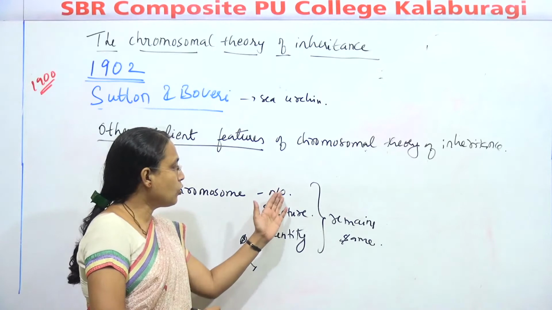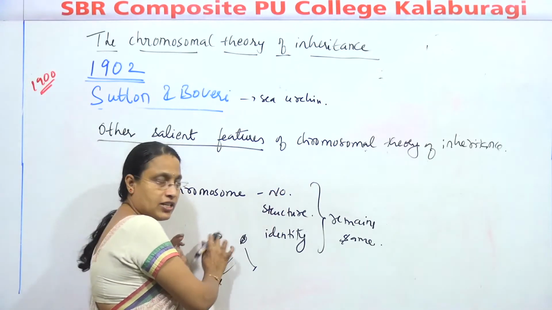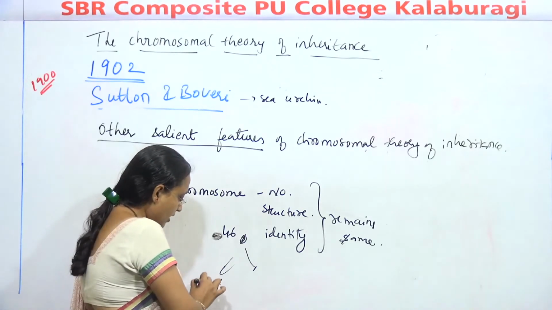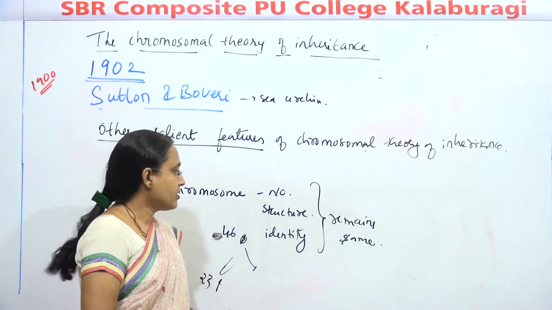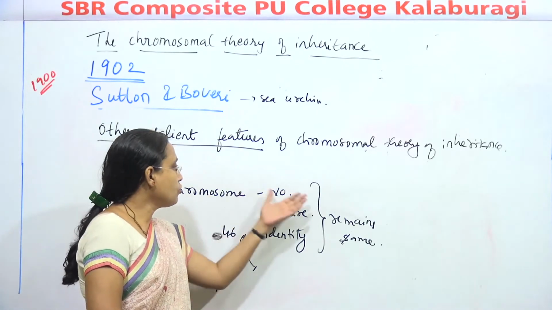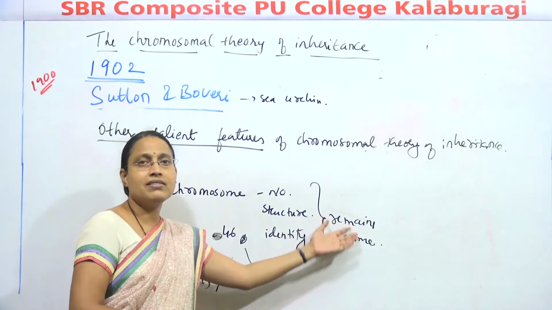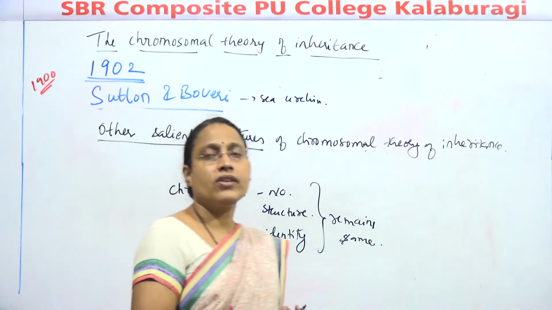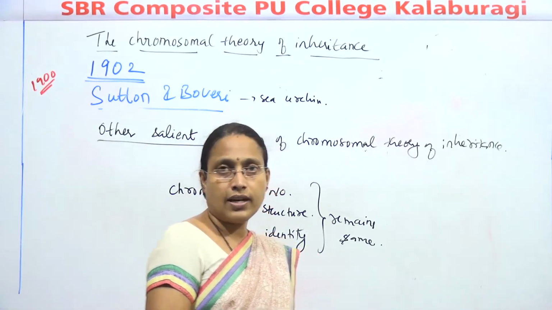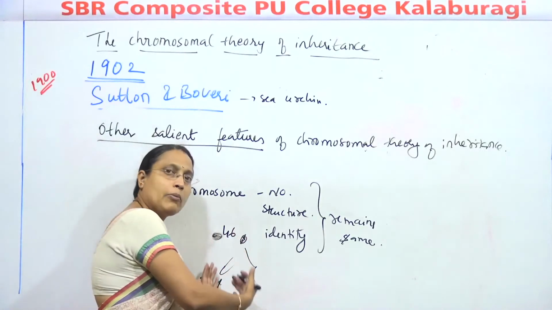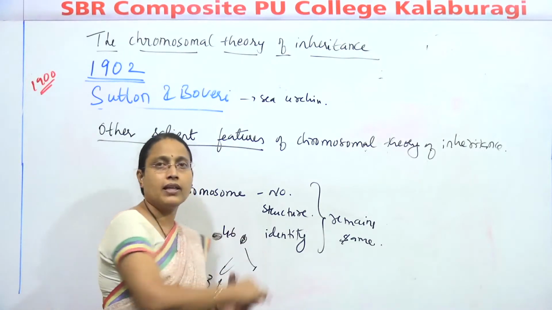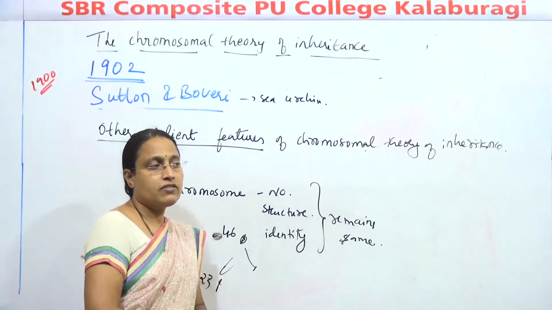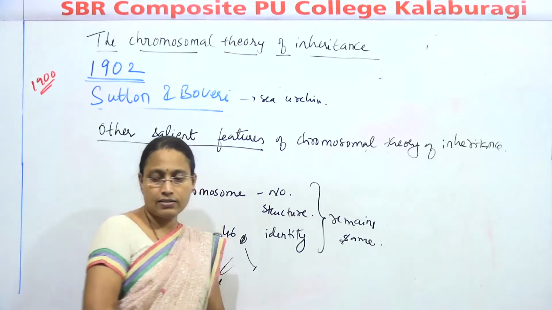If it is an equational division, 46 chromosomes, then the daughter cells will also have 46. If it is a reductional division, then the daughter cells will have 23, as in meiosis. Therefore, chromosome number, structure, and identity remain the same from the parent cell to daughter cells, or from one generation to the next. It will not be lost in the process, or get mixed up or joined with another chromosome. This is another important postulate of the chromosomal theory of inheritance.